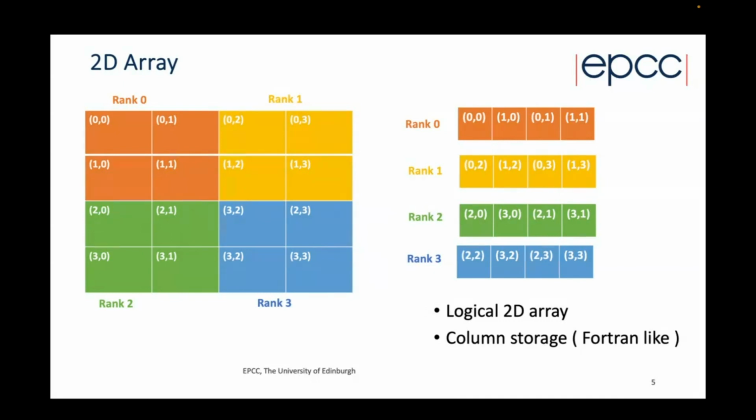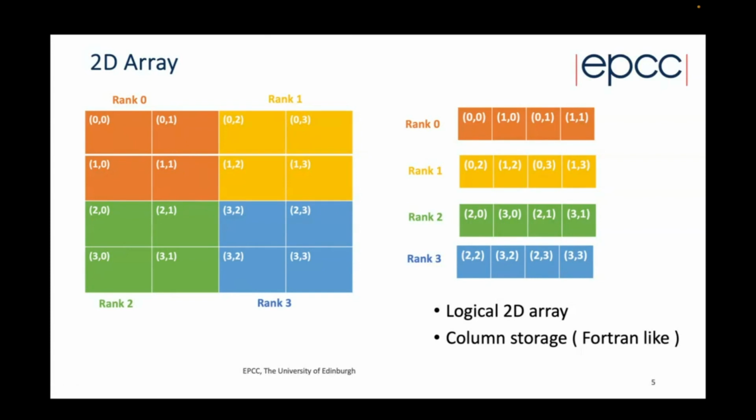So we want to store the 2D array in, say, the Fortran way, which means we store everything by column. We first store the first column. Rank 0 will store in some buffer its first column, so elements 0,0 and 1,0, and then the second column, so 0,1 and 1,1. All the other ranks do similar things for their own subarrays.